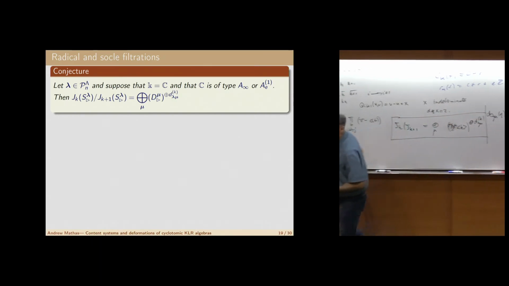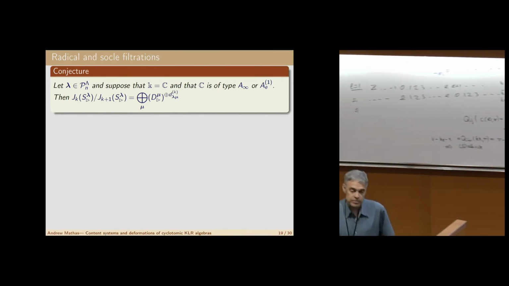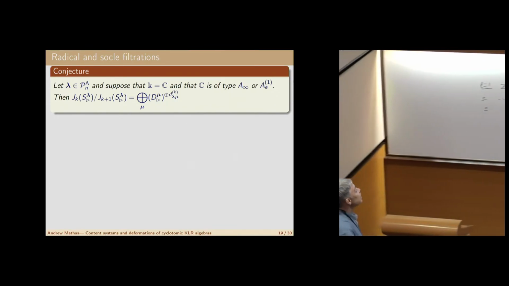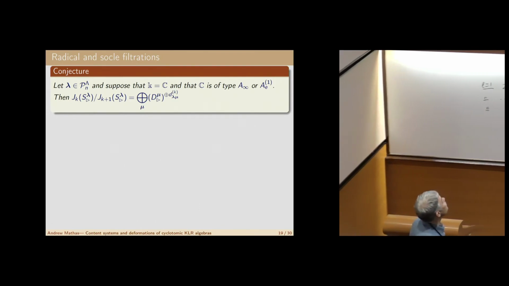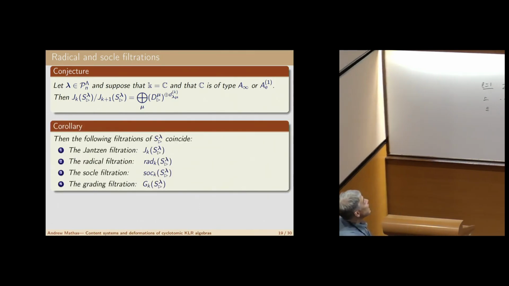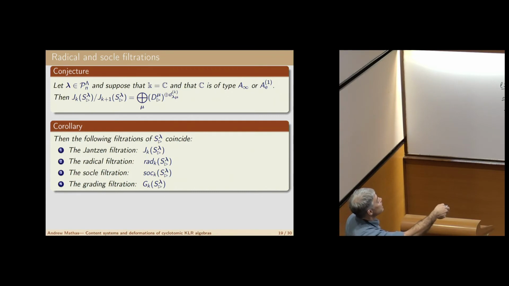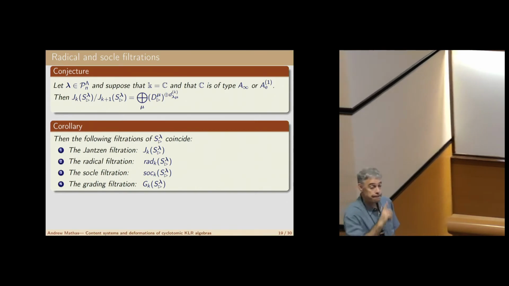So for level 1, I can prove this is true using results of Shan, and they're very strong results. And for higher levels, I'm sure it is true, but I can't see how to prove it. If this was true, then I can now prove that, in fact, the Jantzen filtrations, the radical filtrations, the socle filtration, and the grading filtrations of these modules coincide.